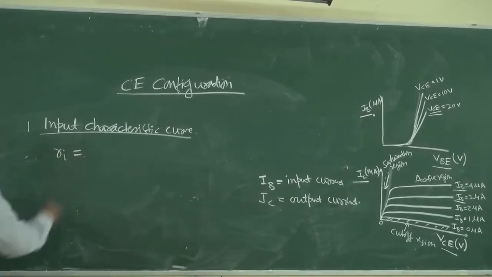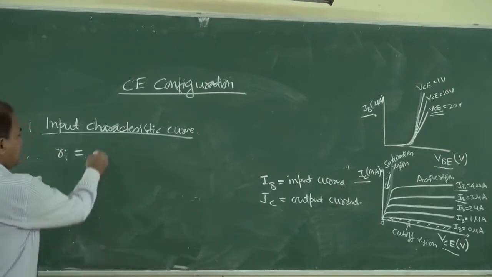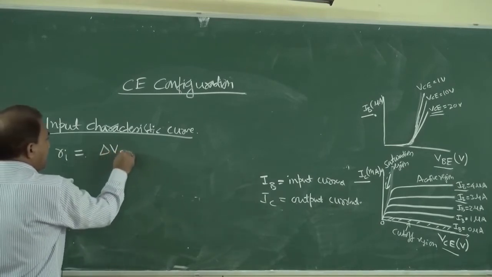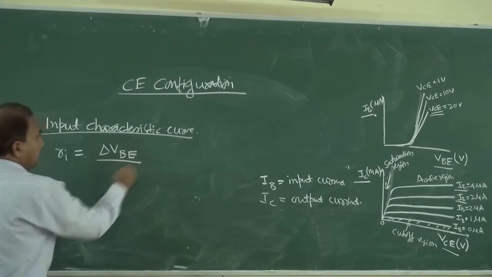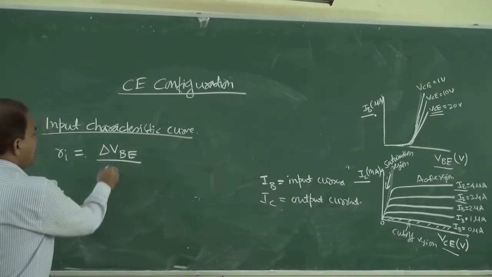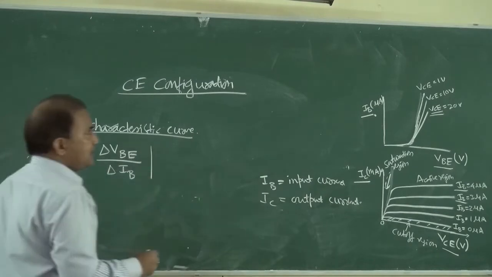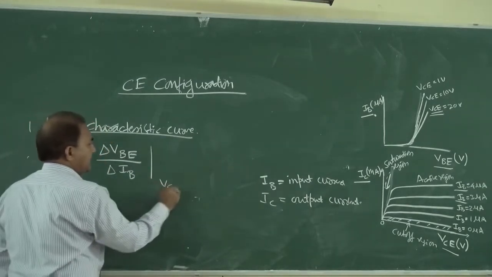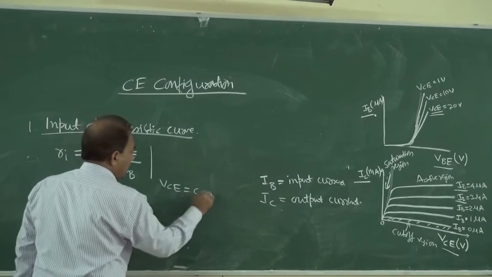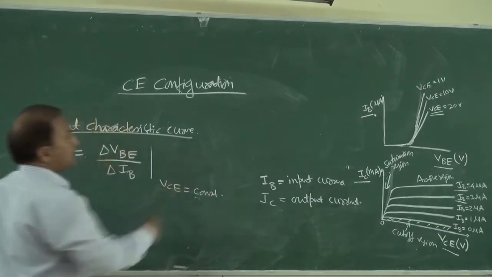It is equal to del VBE divided by del IB for a constant value of VCE, when VCE is equal to constant.